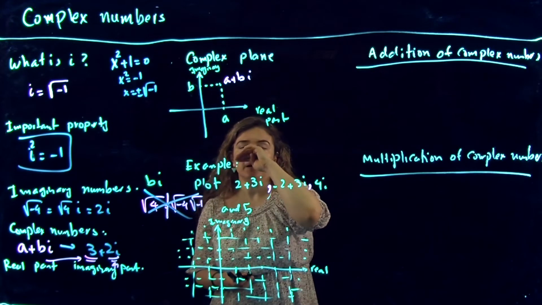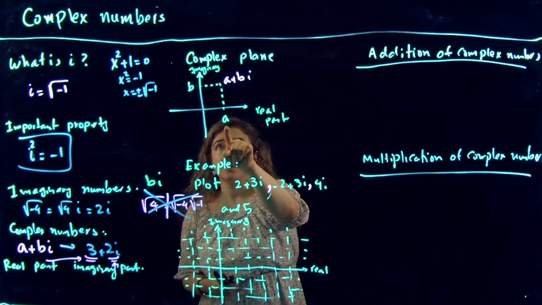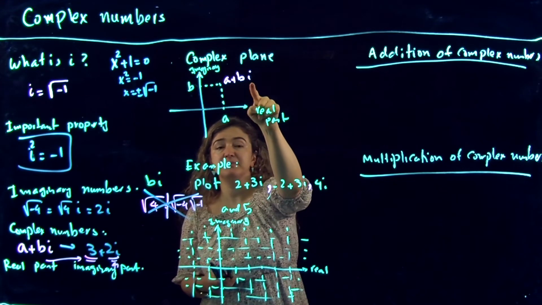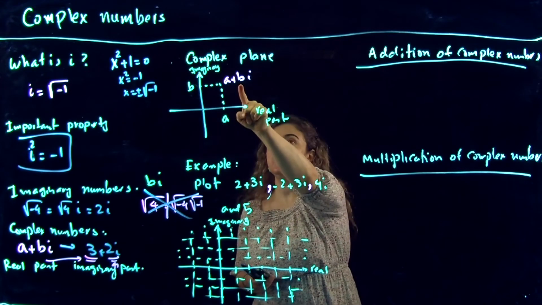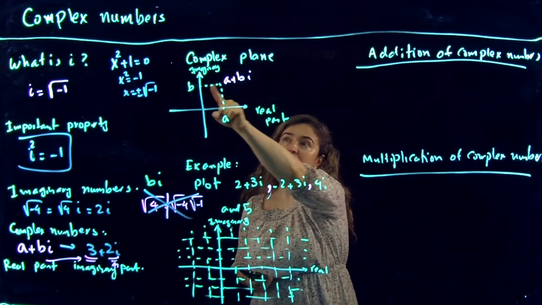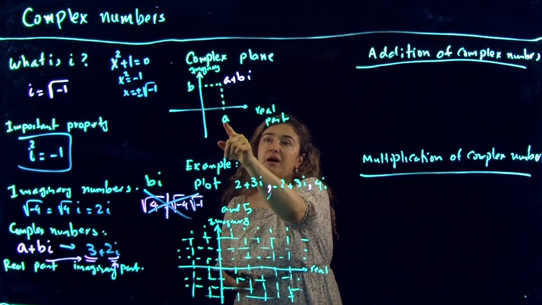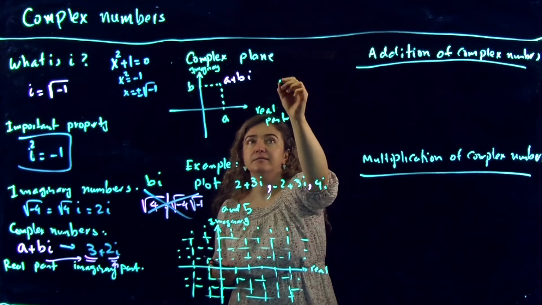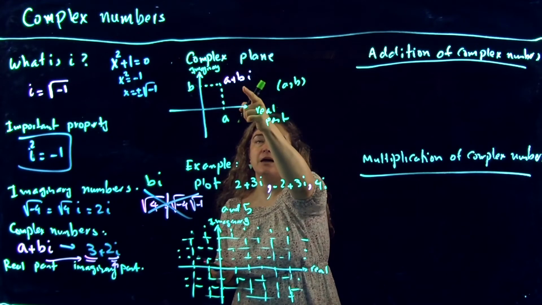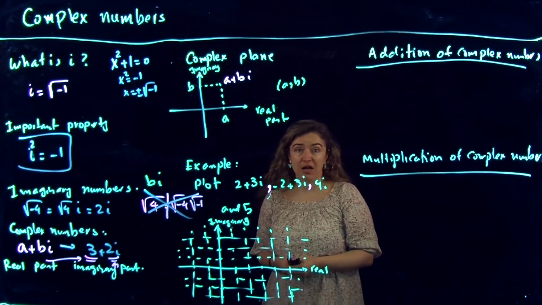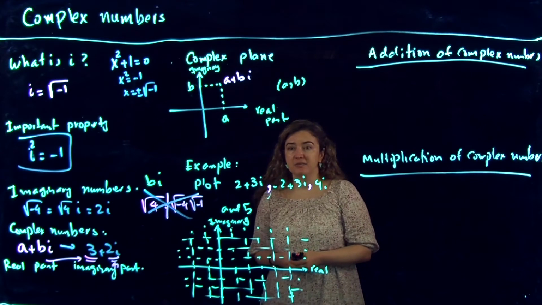And then, real part of a complex number a plus bi is a, imaginary part of a plus bi is b, and you plot point (a, b), and that would be your point a plus bi in a complex plane.